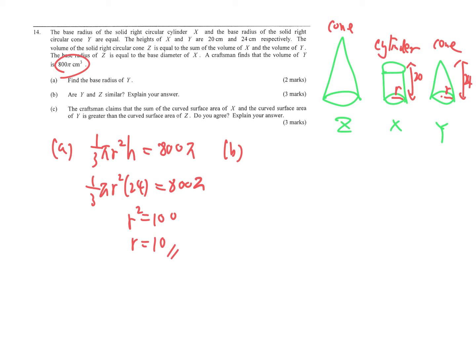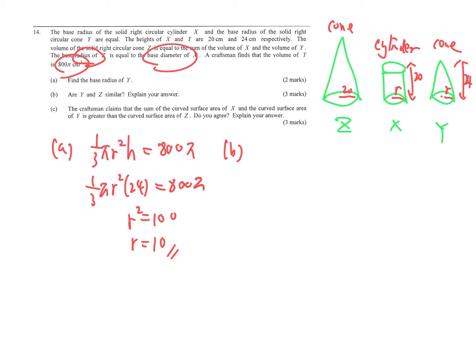First of all, the radius of the smaller cone Y is 10, and from the question, the radius of Z is equal to the base diameter of X. Since the radius of X and Y are the same, diameter means double the radius, so we can conclude that the radius of Z is 20. That means the ratio of the radius is 1 to 2.